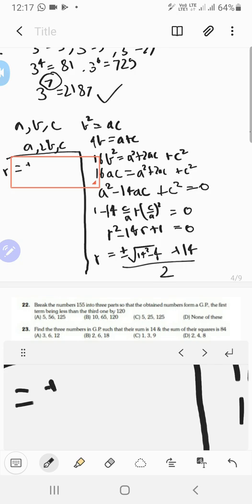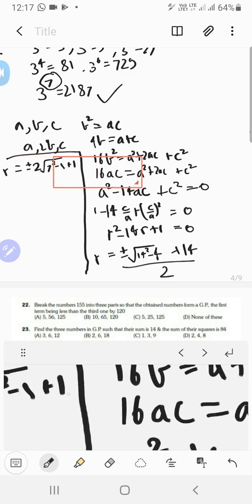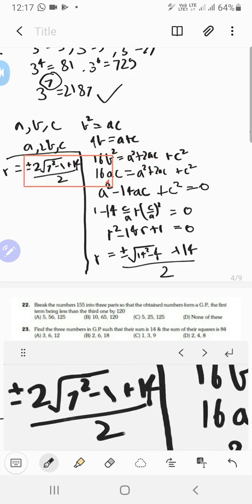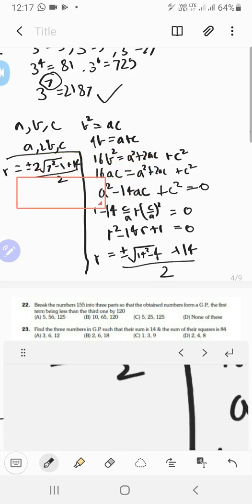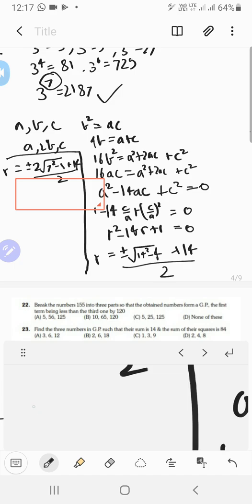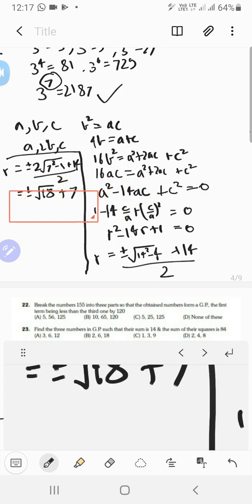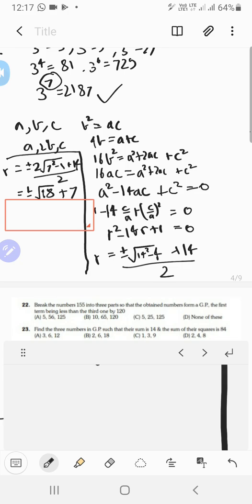So this would be plus minus 2 root of 7 squared minus 1 plus 14, and this complete thing divided by 2, which is just equal to plus minus root of 49 minus 1, which is 48, plus 7, because those two cancel away. Yeah, those two cancel away.